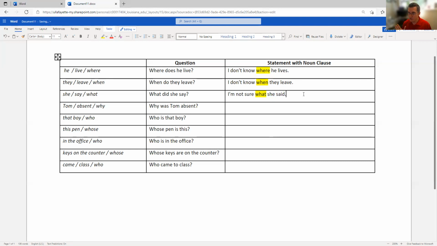I hear a lot of students say things like, I'm not sure, what did she say? That would be incorrect. So remember that noun clauses are not questions. The question word is there, but it's not being used as a question. It's being used as a pronoun for your noun clause. Right?